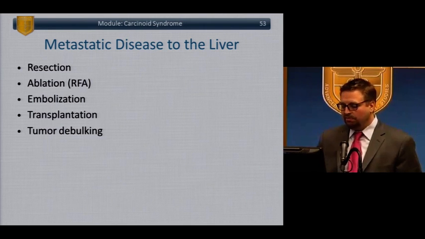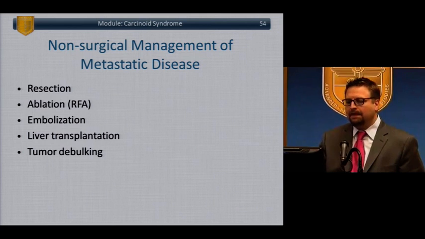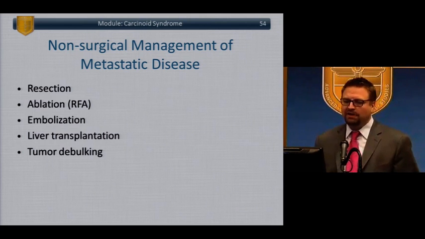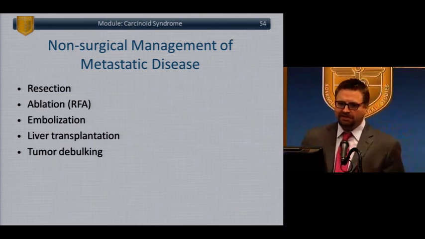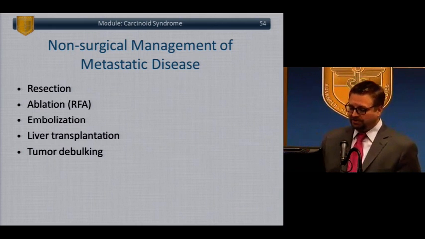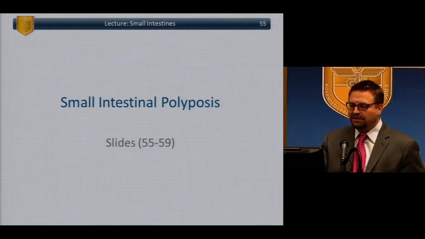Tumor debulking can be performed primarily to control symptoms, but of course is not going to be curative. These patients often can do well for a long period of time with non-surgical management, even if not curative. Sometimes this disease can be somewhat indolent, and patients can live for many years by simply controlling the burden of disease in their liver.